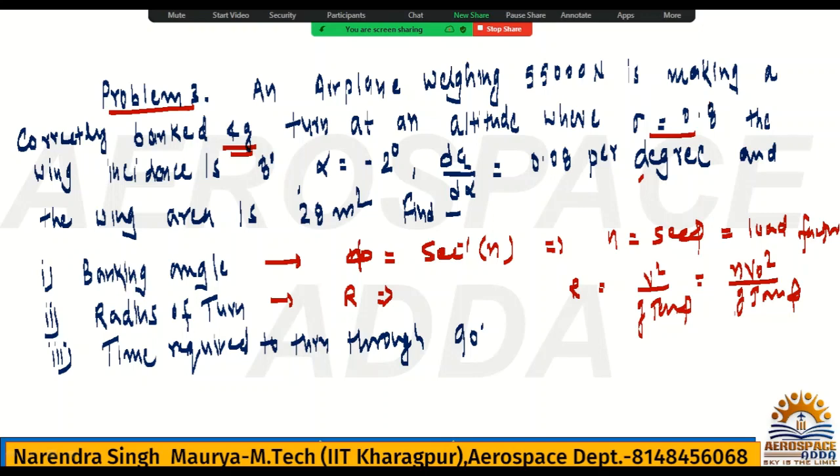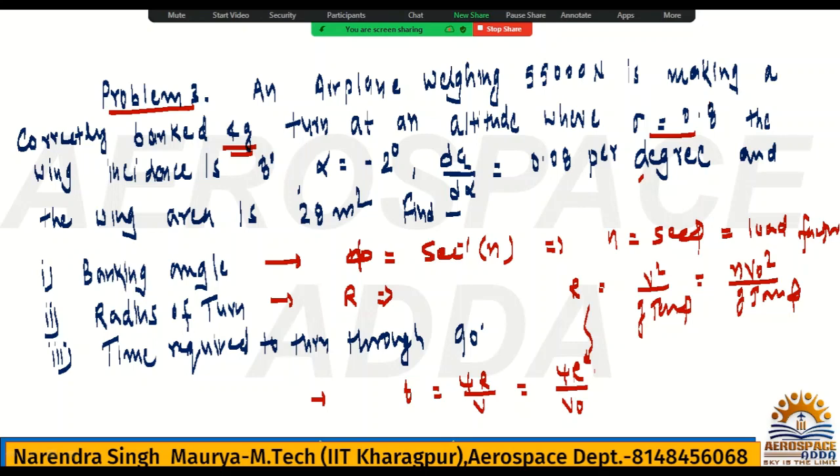And what is the time required to turn? That formula you should know: time required to turn is psi R by V. Yes or no? And if you write that V in terms of V naught, it will be psi R upon V naught, and you keep the R value here, then you will get the time.